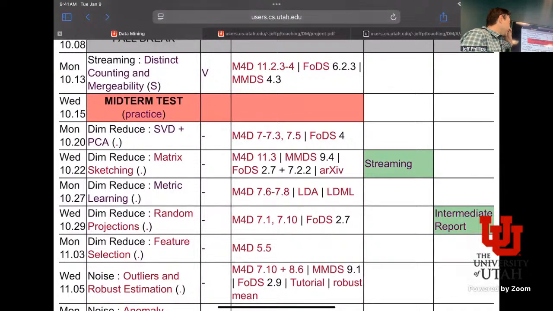Then I will send something out soon where you will sign up to get personal group-based feedback from me during my office hours or other times during that week after it's due. I want to make sure I meet with every group and make sure you're on track. You can also come to me before, after class, and office hours anytime to get feedback, but I want to ensure I meet with every group. I find this really improves the direction and quality of the projects.